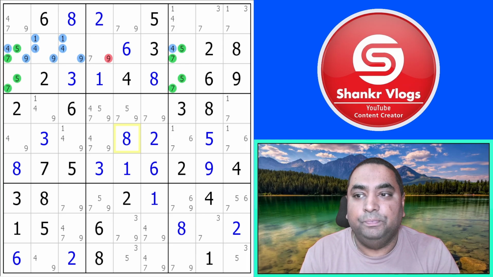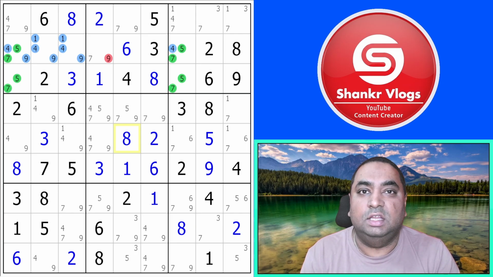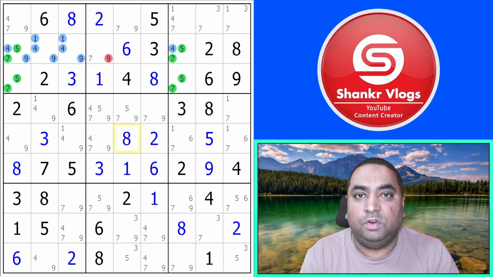After forming a single unit, it has to be a naked pair with one of the other cells, or a naked triple with 2 of the other cells, or a naked quad with 3 of the other cells in one of the houses. After forming this naked pair, naked triple or naked quad, we can eliminate candidates from the house.